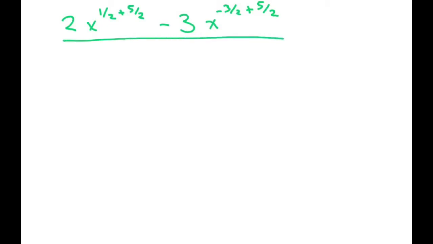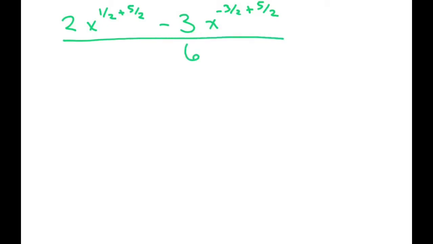So basically we have 2 times x to the 1/2 plus 5/2, minus 3 times x to the negative 3/2 plus 5/2. This is all over 6.